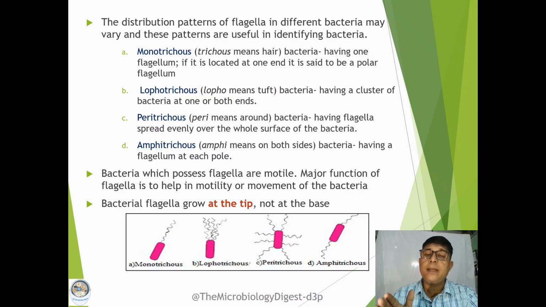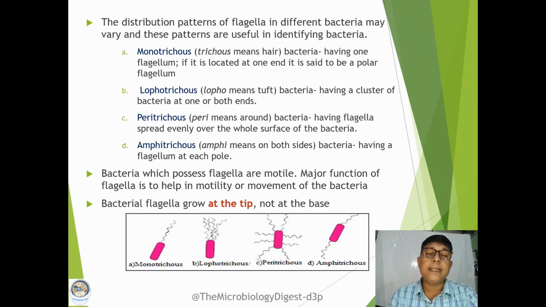Then, as I said, flagella is the locomotory organelle of the bacterium. So whenever there is presence of flagella, the bacteria will be motile, because the principal function of flagellum is to help in the motility or movement of the organism.